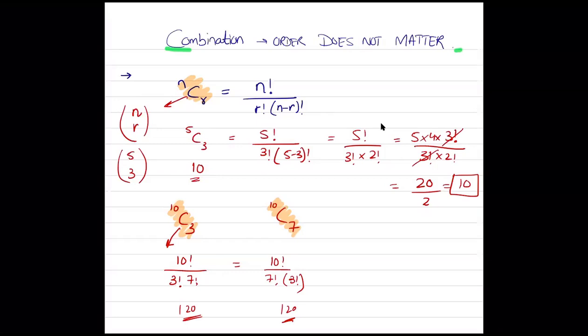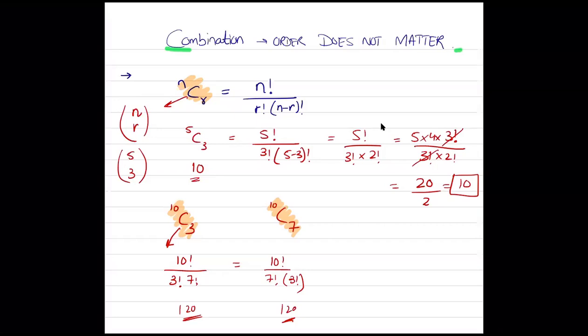So we can say that the number of ways of choosing 3 from 10 is the same as the number of ways of choosing 7 from 10. That is 120 ways. The reason behind this is that if I am asked to choose a group of 3 from 10, and I separate those 3 people, there are automatically 7 people remaining.